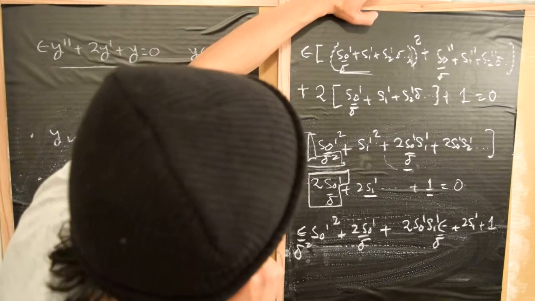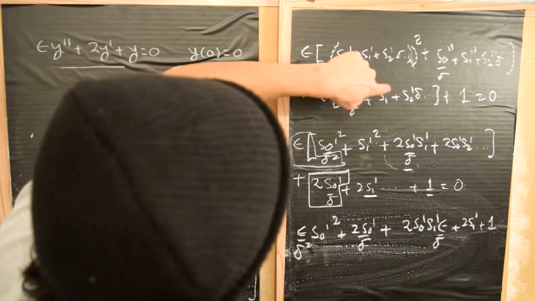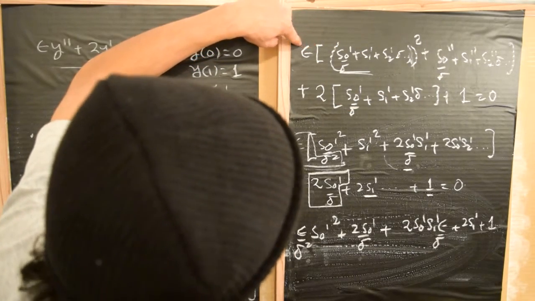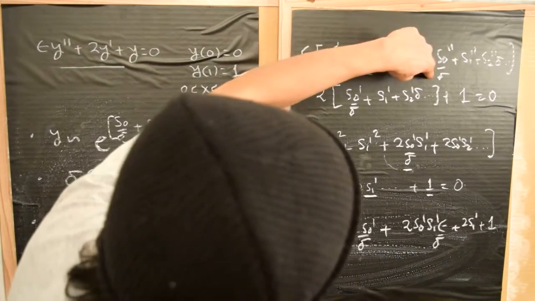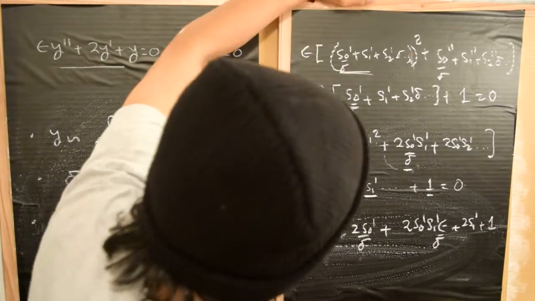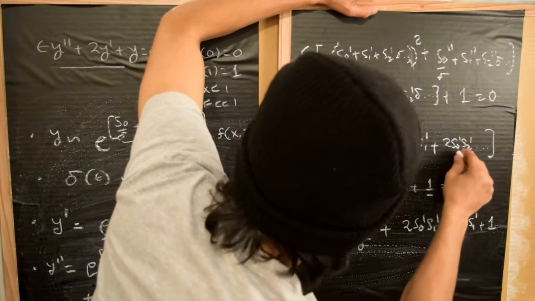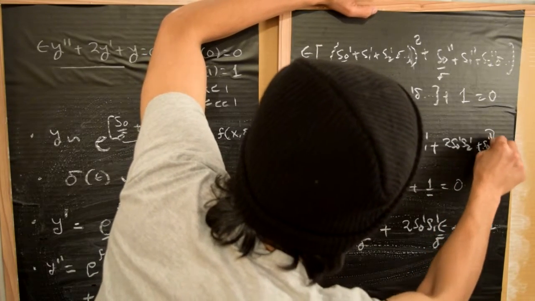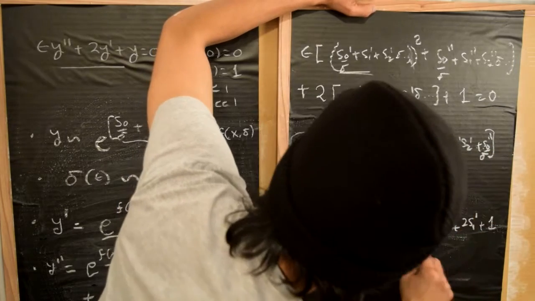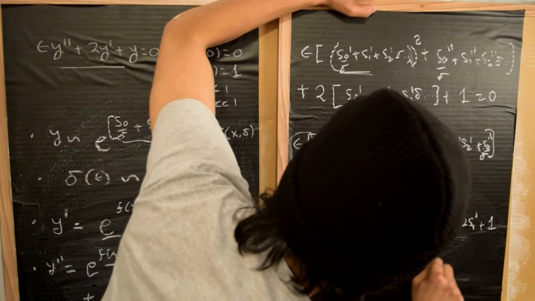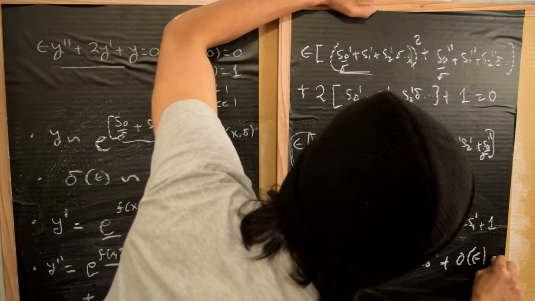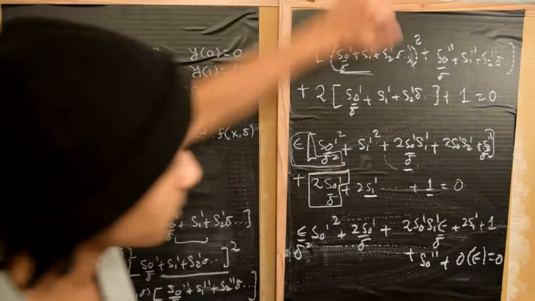Is there any other order 1 term? Then we have a term epsilon divided by delta s naught double prime, which maybe I should have written here, plus s naught double prime divided by delta. So we'll have plus s naught double prime plus terms which go as order epsilon equals 0.